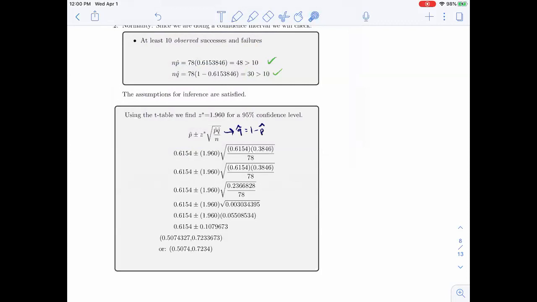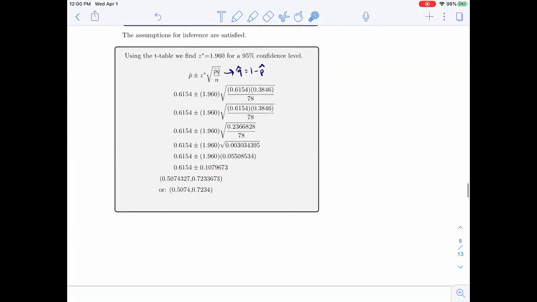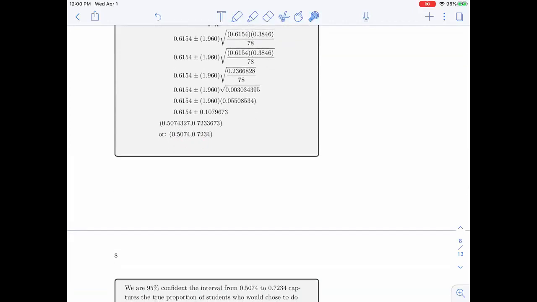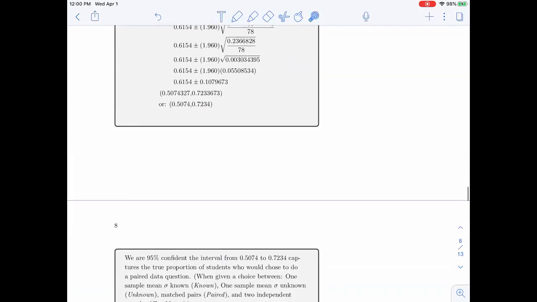And so what we find is that we've got a margin of error of 0.1079673. So if we do find the interval, 0.6154 minus this, 0.6154 plus this, we find that roughly 0.5074 and 0.7234 is our lower bound and our upper bound respectively.